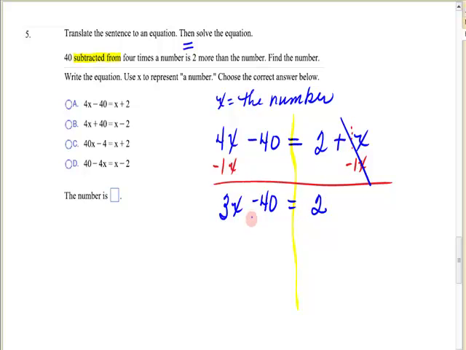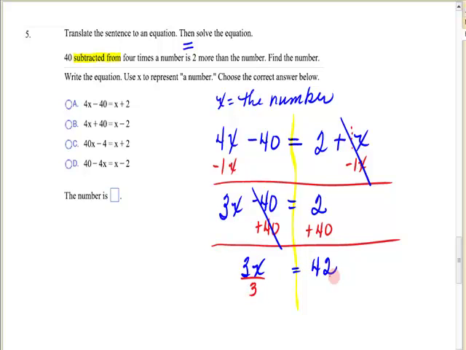Now the side that has the variable, is there a constant? Yes. So I will do the inverse, which is add 40. That gives me 3x, that's gone, is equal to 42. Divide by the coefficient, which is 3. And x is equal to 14. The mystery number is 14.